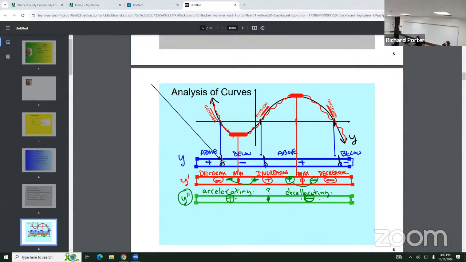That would be a 0 for the function, right? There's another 0 there, and wherever that is, that could be like 1. And this one over here could be at like 10. I've just labeled them with little zeros in my box. Notice up here the function is above the x-axis, so that means it's positive. So I put a little plus there and I say above. Then down here it's below, put a minus, then here it's above, and here it's below.